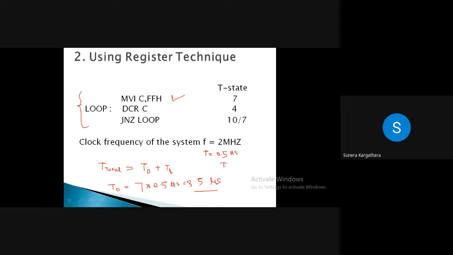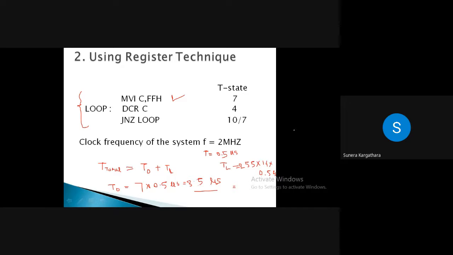So T loop will be 255 times this 10 plus 4, 14 T state, so 14 into 0.5 microsecond. Are you getting my point, Janvi? Yes, ma'am.